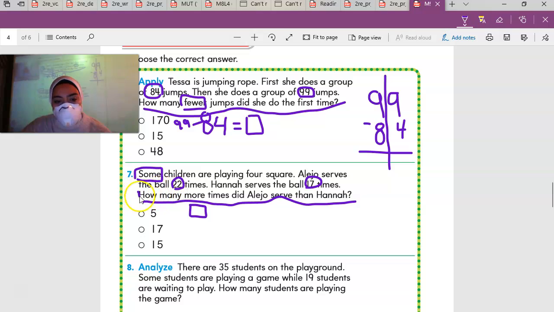How many more means subtract. So you're going to do 22 take away 17 equals empty box. And then solve it. I think you can too.